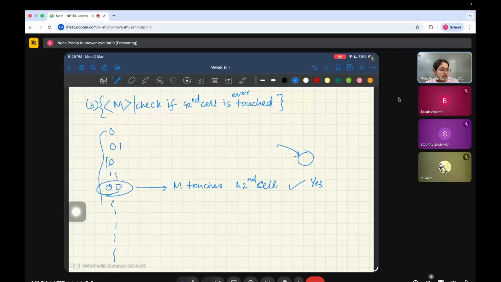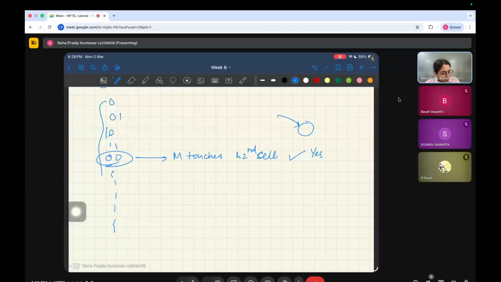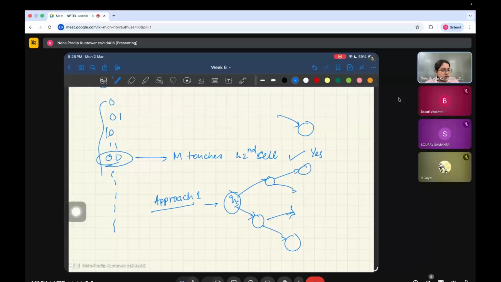Now, here is one approach which does not work. I just want you to see why it does not work. You start from your starting state QS, and you perform a reachability operation. You keep on doing a BFS or something, going as far as possible until you repeat a state, and you are detecting whether the cell labeled 42 is reachable or not.